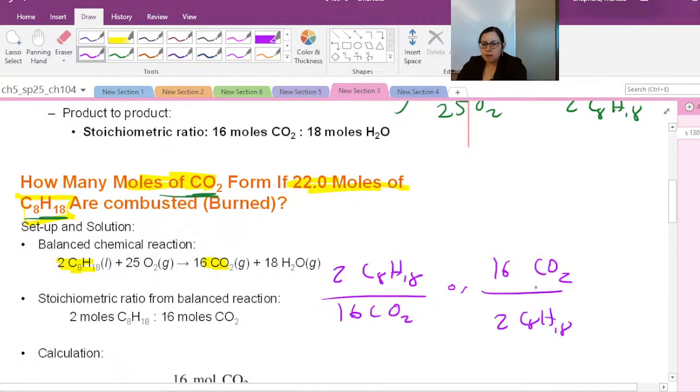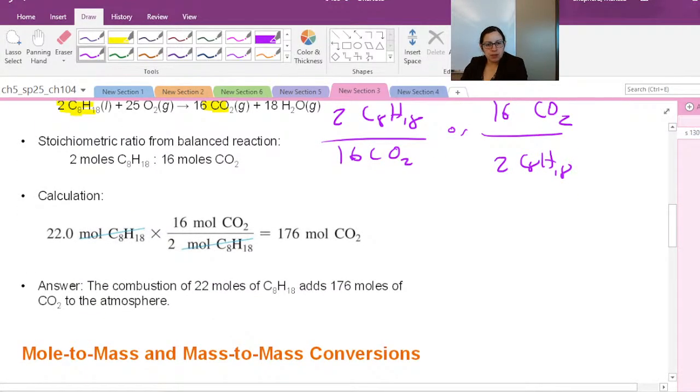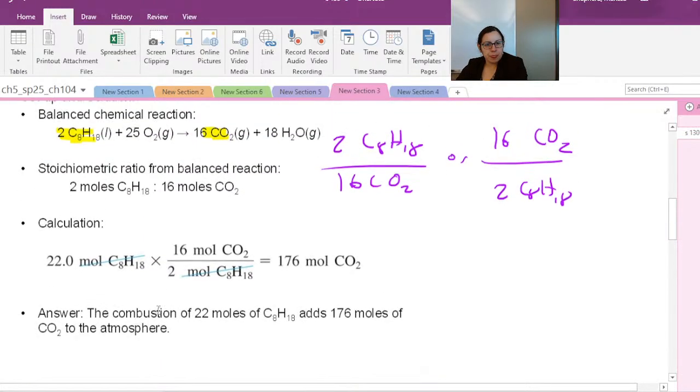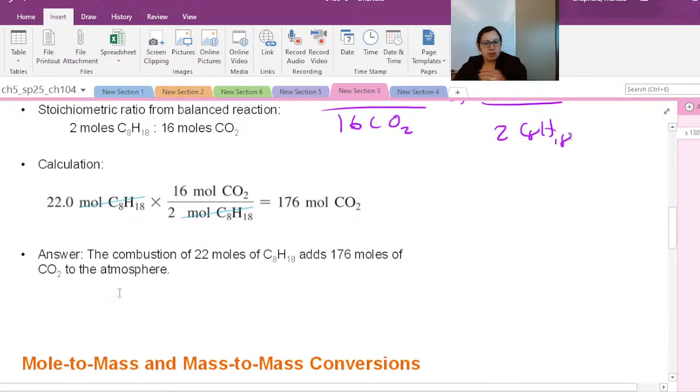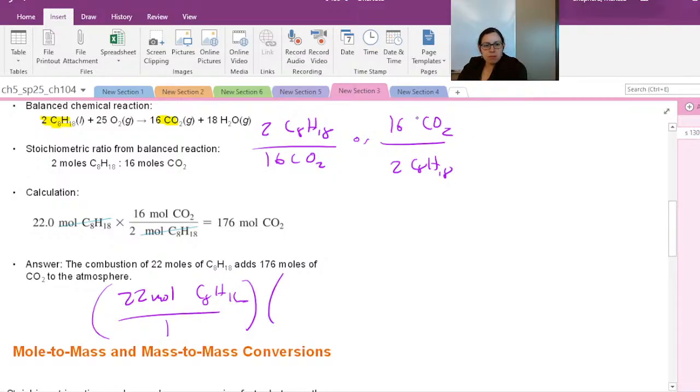Now we have our conversion factor relationship, and so we can set up our stoichiometry. They outlined it pretty nicely, but I'll just rewrite it. We began with 22 moles of octane, and then octane goes on the bottom to cancel out.